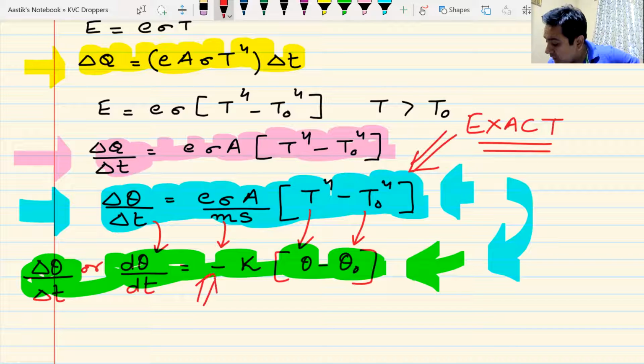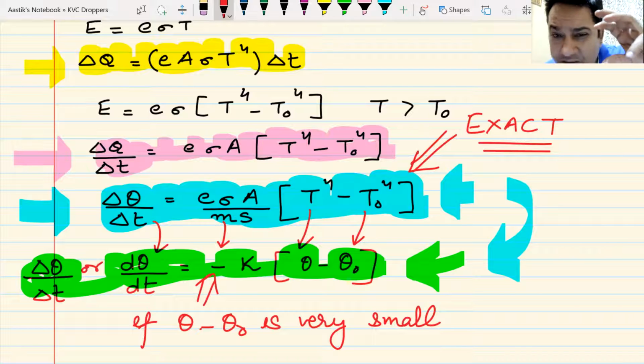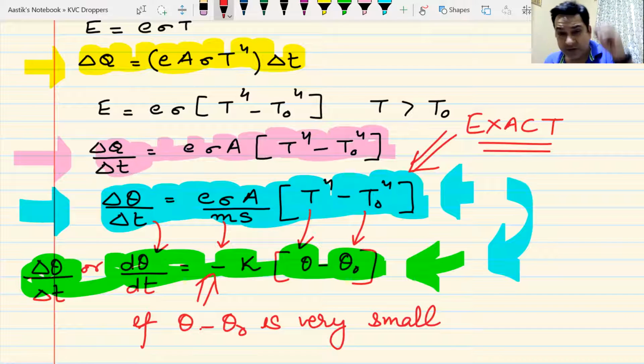This formula is only valid if theta minus theta naught is very small, that is, when the difference in temperature between the body and the surrounding is very small. The actual formula is the blue formula. The green formula is a shortcut type of formula which is only valid when the temperature difference is small.